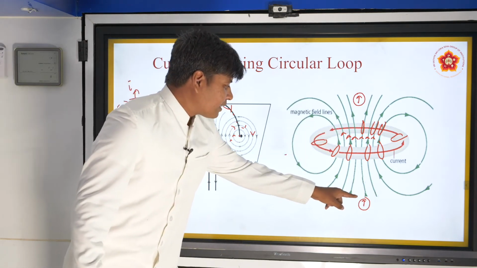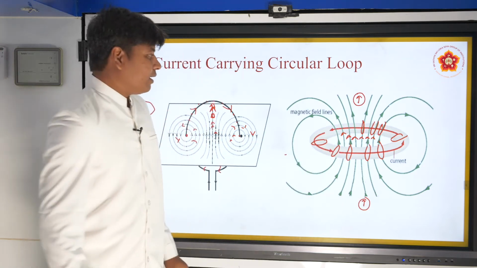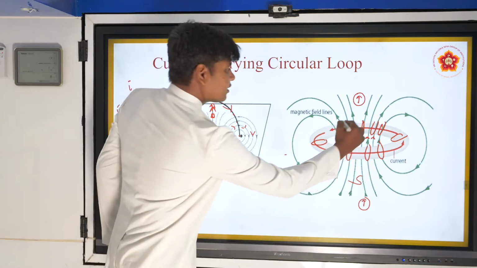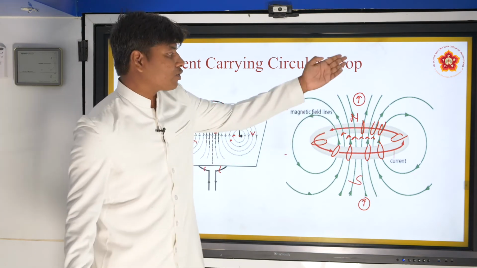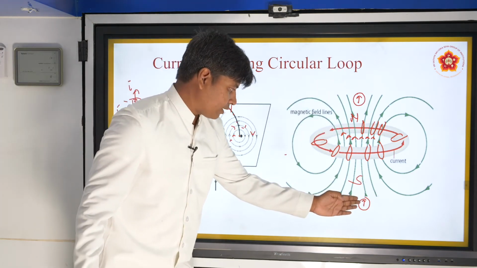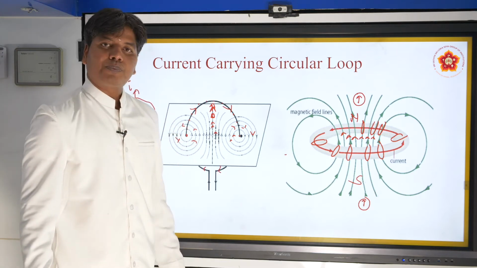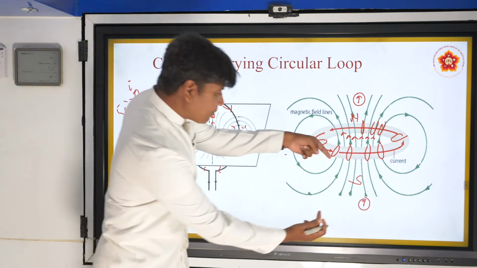At the bottom, the north pole of the compass is towards the circular coil, so I can say this is the south pole. Like poles repel, unlike poles attract.